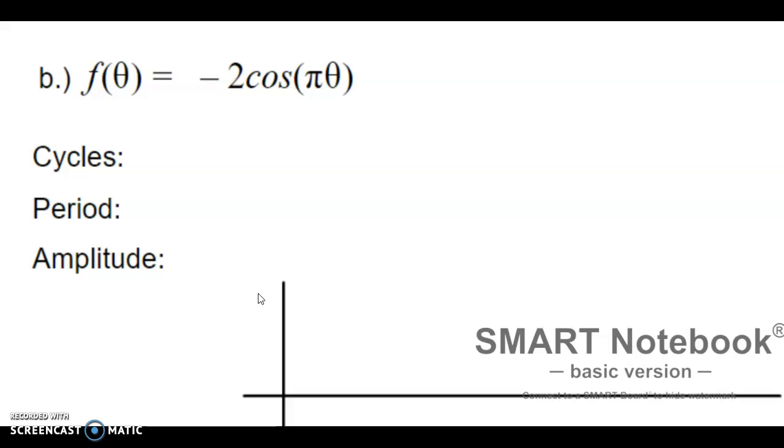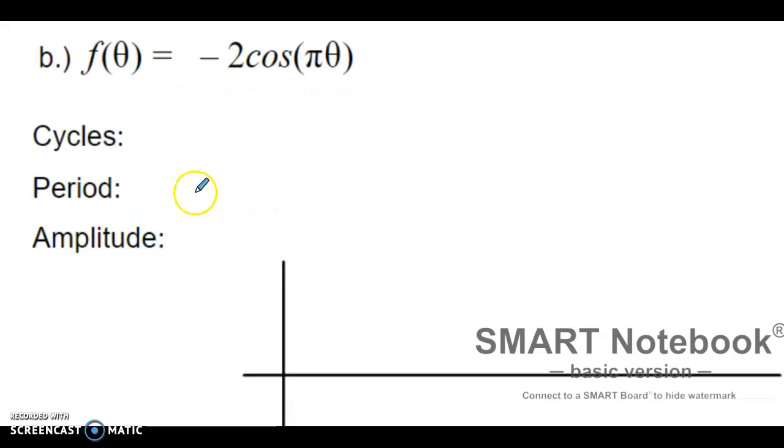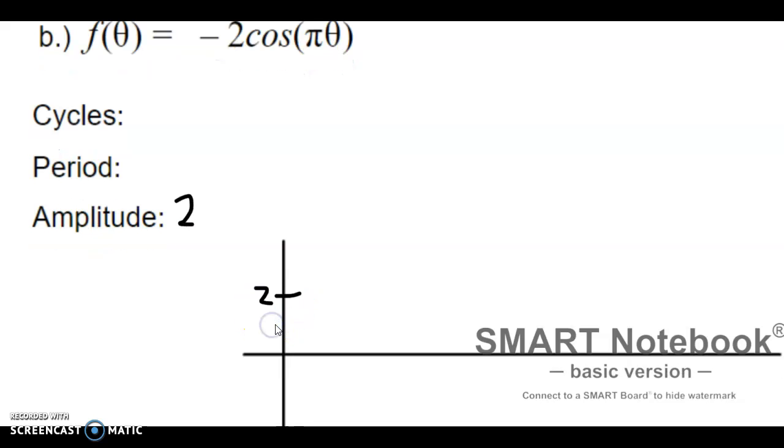On this one, it's the -2, so our amplitude is still going to be 2, so I'm going to mark it off right here. I have a +2, and down here a -2. Our cycle is pi. Our period is going to be 2 pi divided by pi, which is just going to be 2.